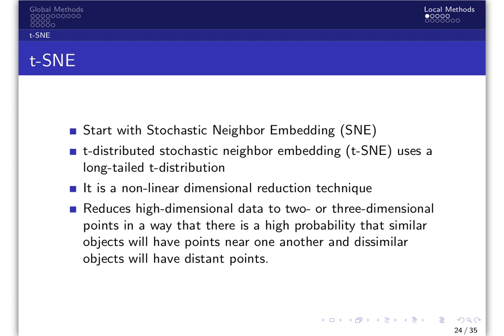There were different improvements to the SNE method, including T-distributed stochastic neighborhood embedding, or tSNE, which uses the long-tail T-distribution rather than a Gaussian distribution. Therefore, tSNE is a nonlinear dimension reduction technique for reducing high-dimensional data to 2 or 3-dimensional points such that there is a high probability that similar objects will have points near one another and dissimilar objects will have distant points.